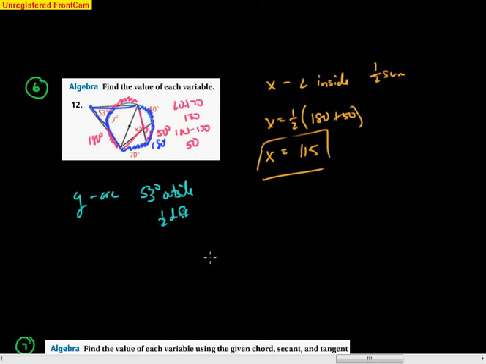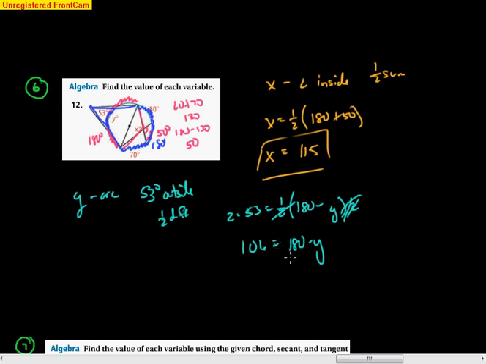So the angle 53, I'll do it right here, equals half the difference of the farther arc 180 minus the closer arc y. I'm solving for y, so let's multiply both sides by 2. That's 106 equals 180 minus y. The 1/2 and the 2 cancel.